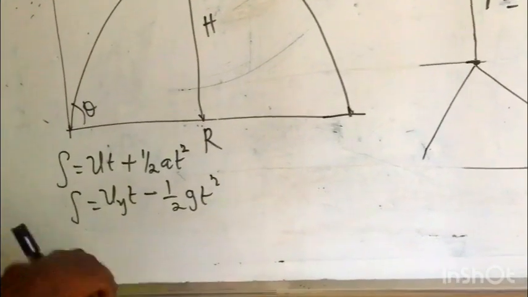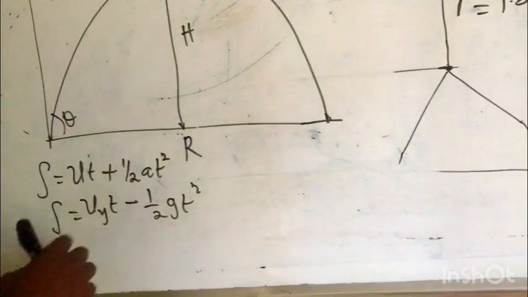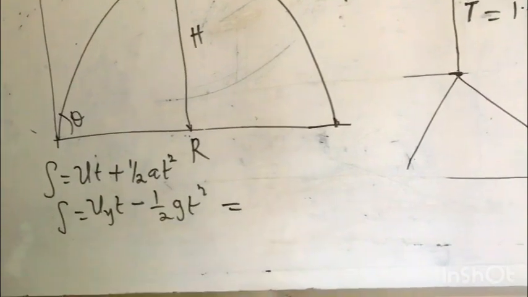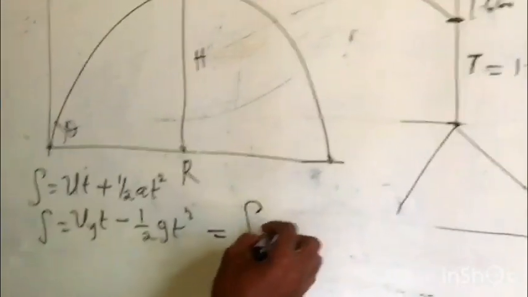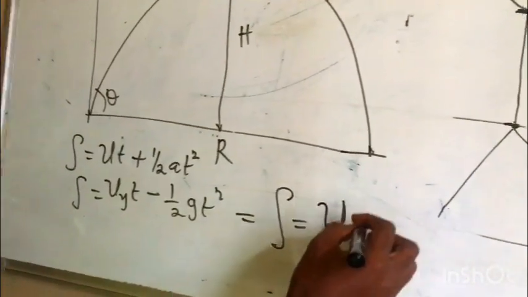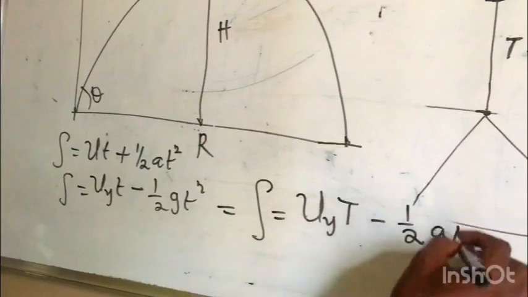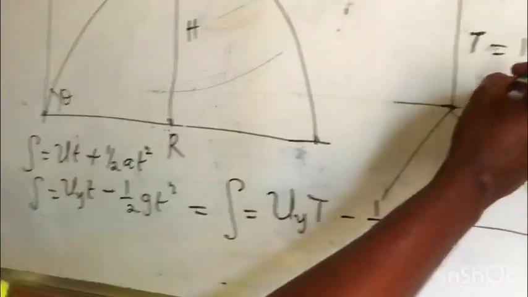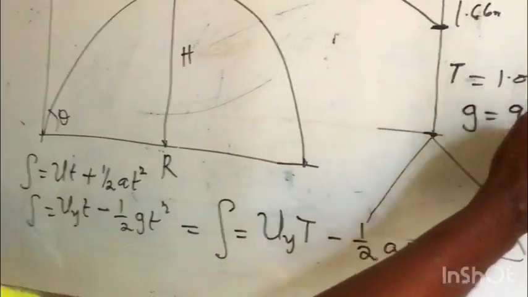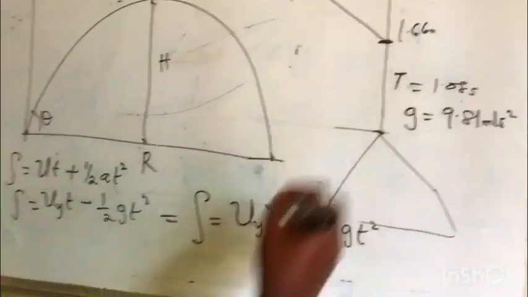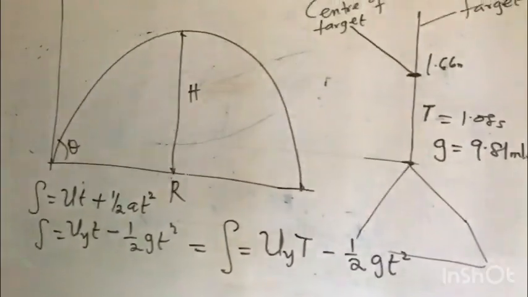The time here becomes our time of flight, as we are talking about projectile. So our x will be equal to uy t minus half gt squared. Don't forget our g is a constant, 9.81 meters per second squared.